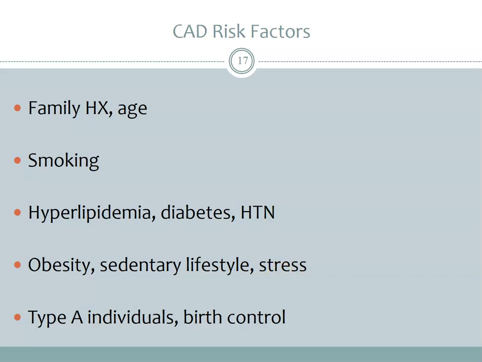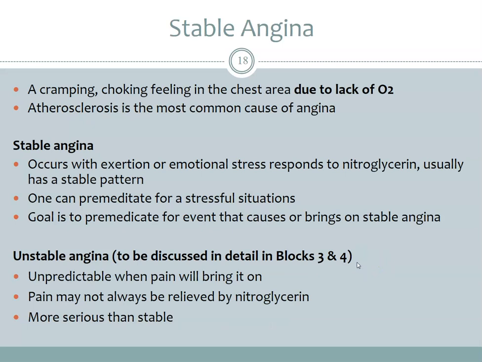Realize if you have a family history that you probably will have to be on a statin medication the rest of your life to help control that amount of production of lipids in the body. And then just be aware of the risk for birth control.